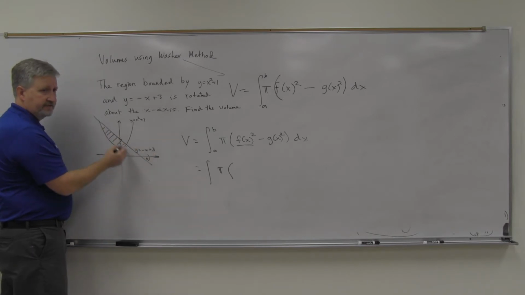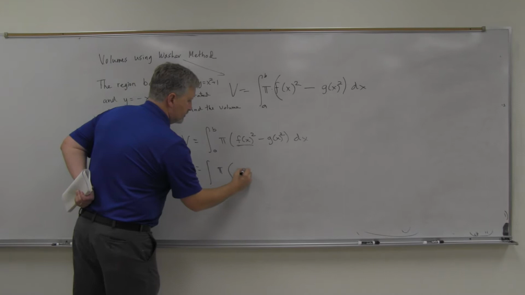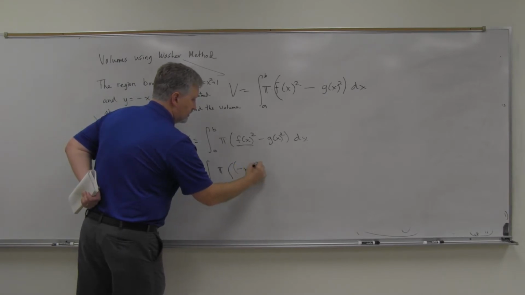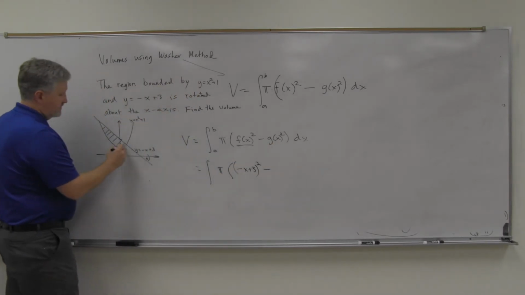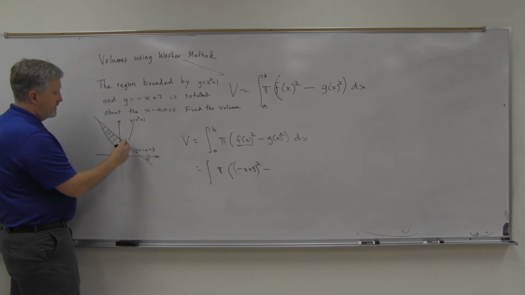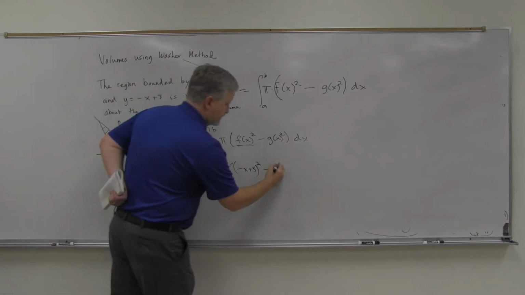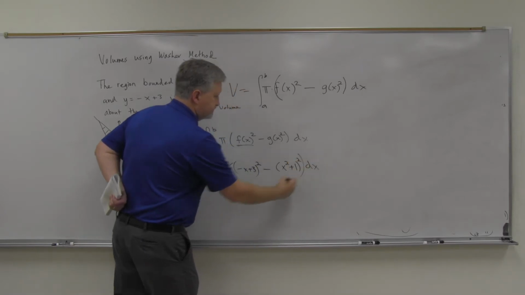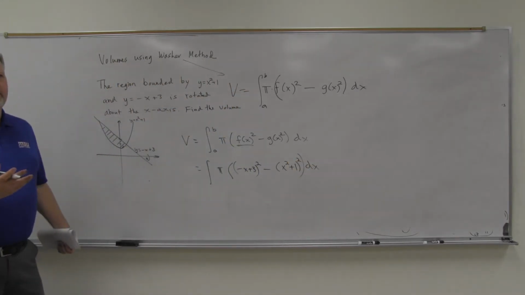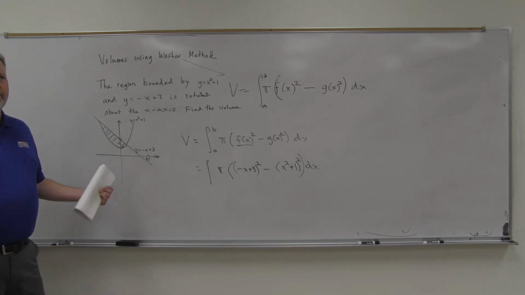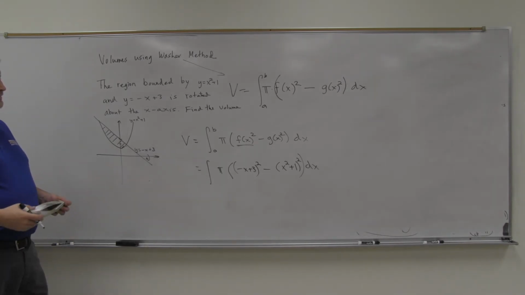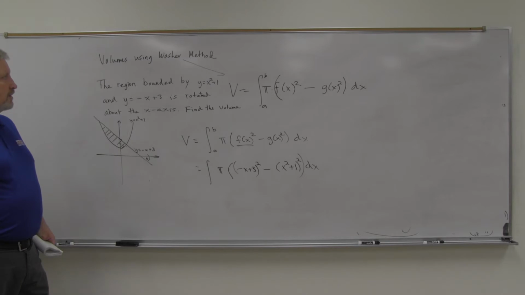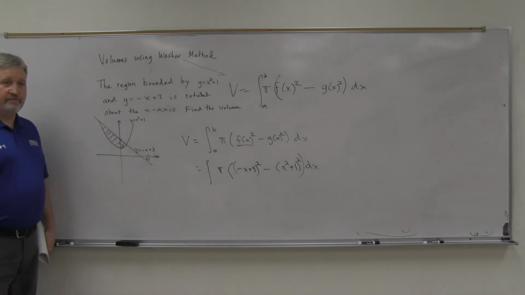That's the f of x here. And then minus the g of x, the lower one or the inner one, would be the x squared plus 1. And again, these are both squared because it's really just the disk method altered a little bit to compensate for that hole, if you will. With me there?